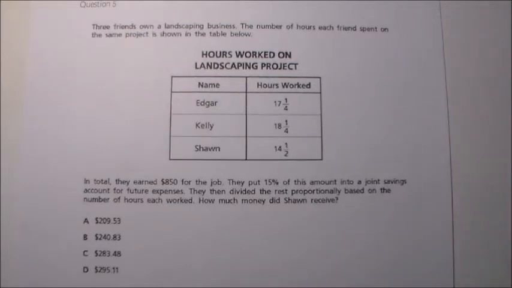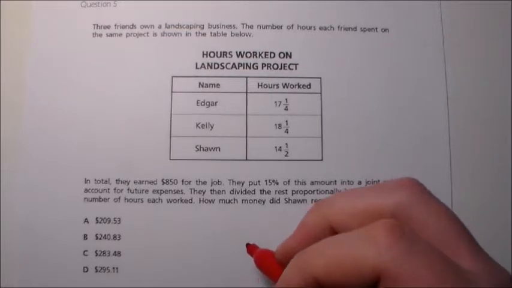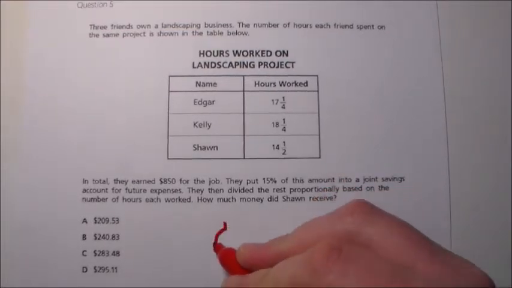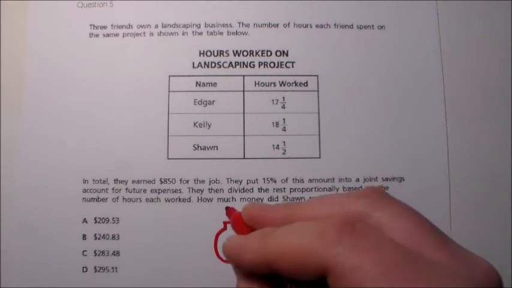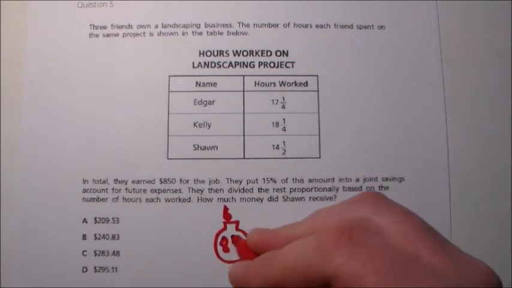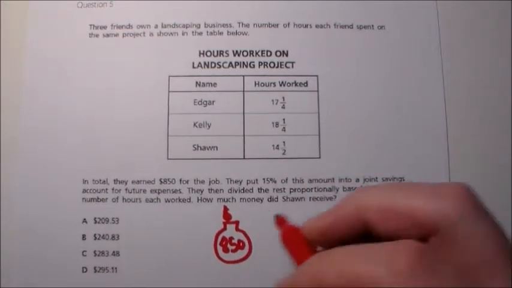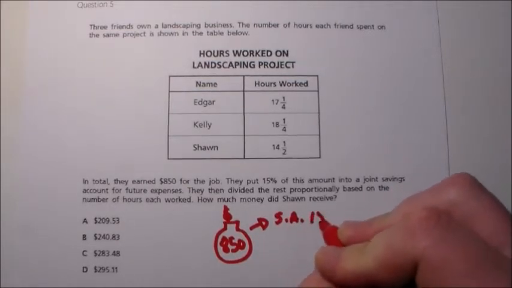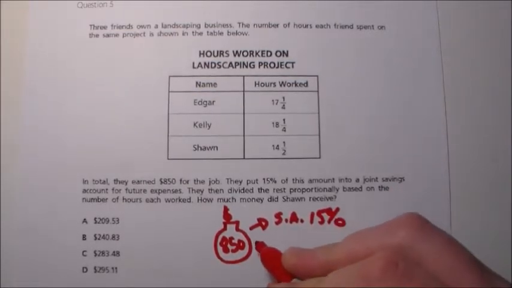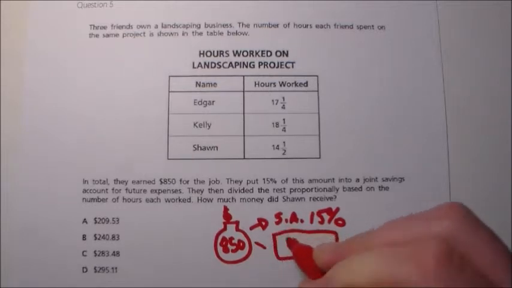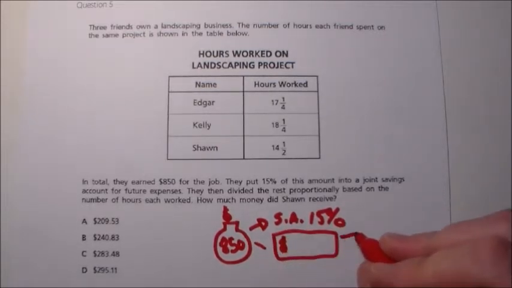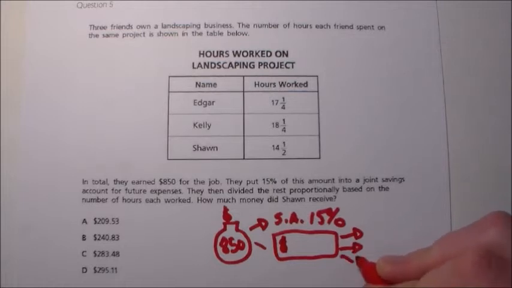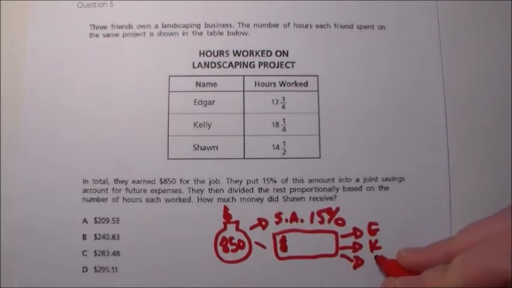Okay, so they earned $850. It's a big pot of money. Then they put 15% into a savings account, and the rest of the money they divided among Edgar, Kelly, and Sean.